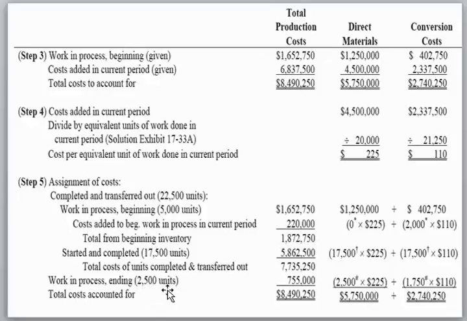Work in process, the ending units 2,500 units. Also multiply this number of units by the cost per equivalent unit in the direct material and the conversion cost to get the total 755,000.